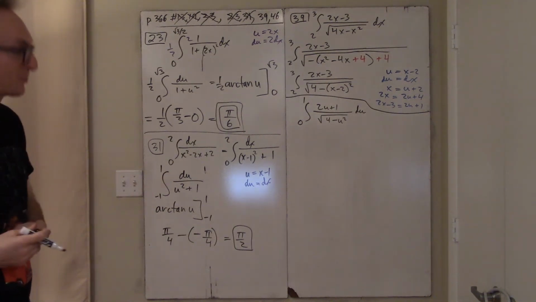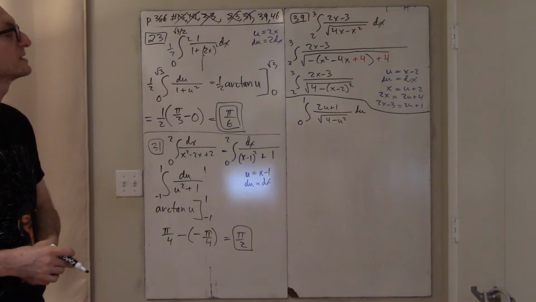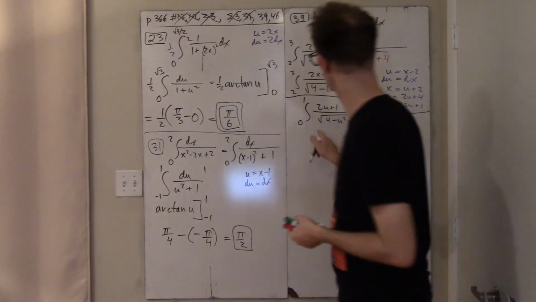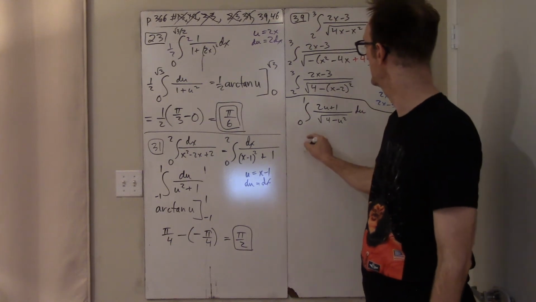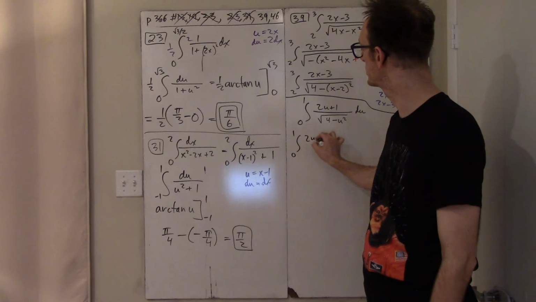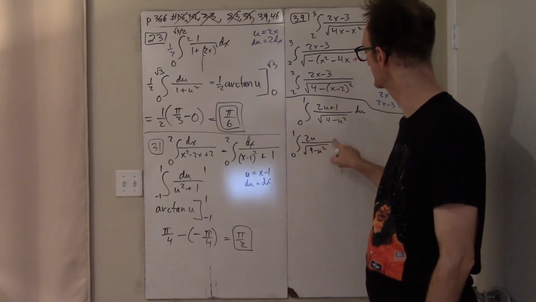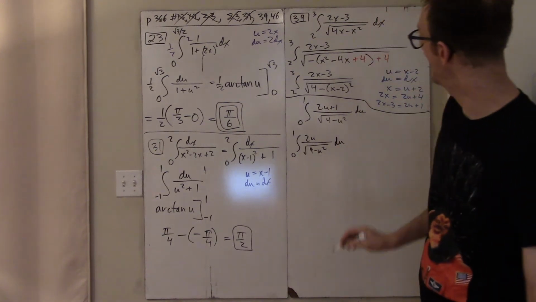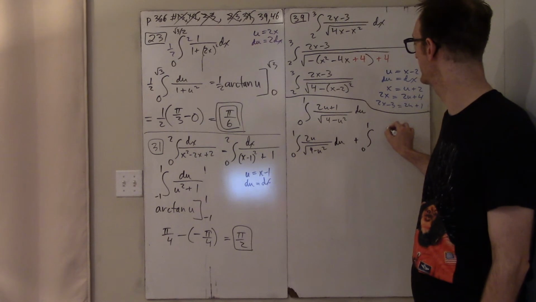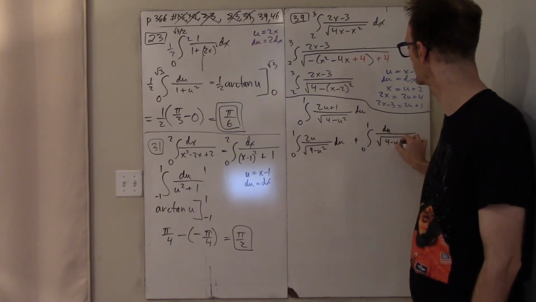How do I solve this problem? Similar to things we've done earlier, we should recognize this as two problems in one. It's the integral from 0 to 1 of 2u over root 4 minus u squared, plus the integral from 0 to 1 of du over root 4 minus u squared.